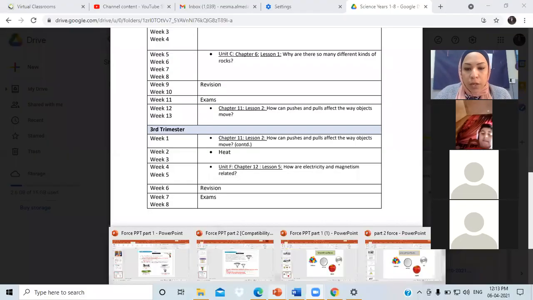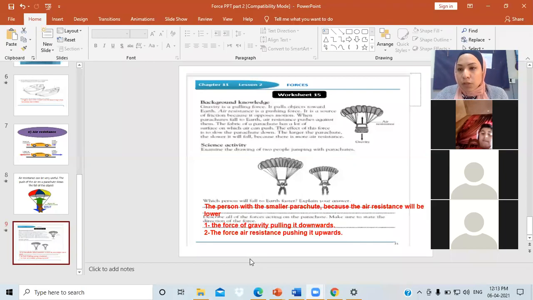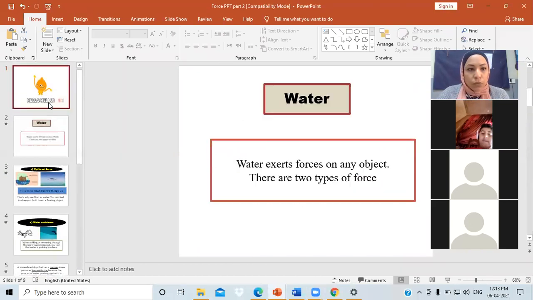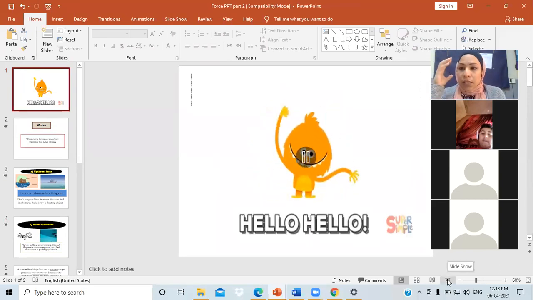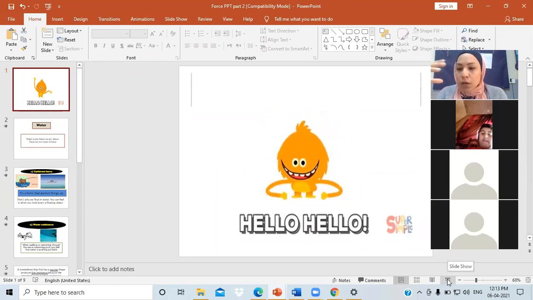Okay, guys, so we need to start. Today we are going to continue talking about force, and the last one that we talked about was the friction force. Do you remember? We said that the friction force is the type of force that stops the movement or slows down a movement.